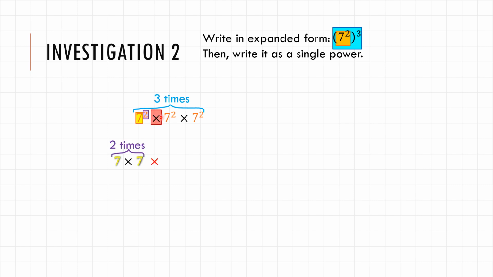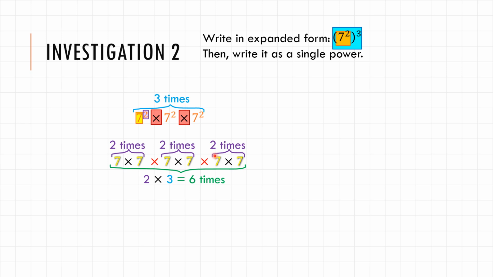And I can then multiply that by 7 times 7, 2 times. Then multiply that by 7 times itself another 2 times. In total, how many 7s do I have? Well, I have 3 groups of 2 7s, and 3 times 2, which means I have 6 7s in total. I'm multiplying 7 by itself 6 times. So as a single power, I can say that this is 7 to the power of 6.